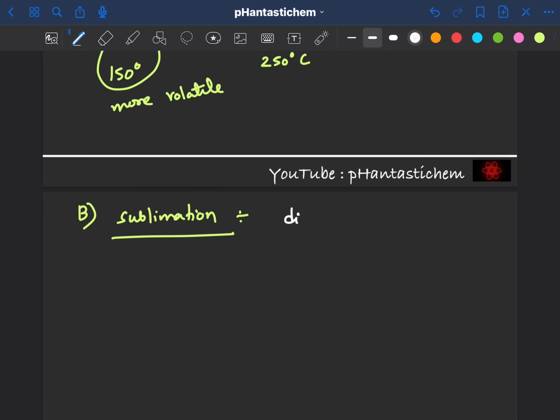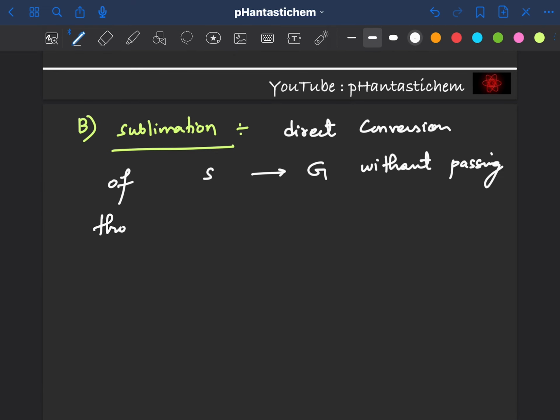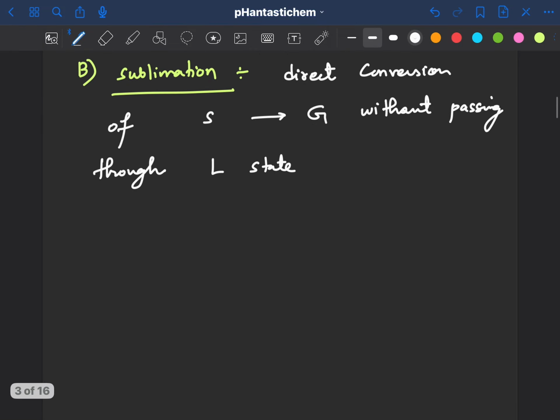The process of sublimation is useful in purification of solids which sublime on heating and are associated with non-volatile impurities which don't sublime at all. So this is the catch here.